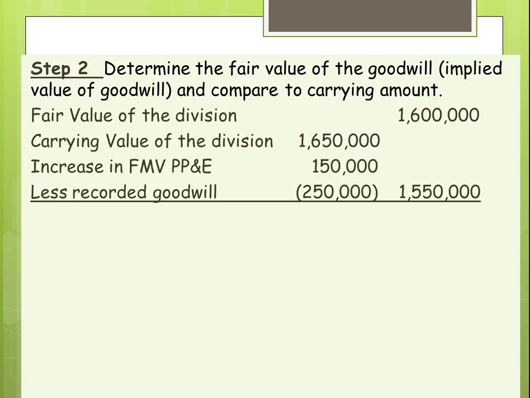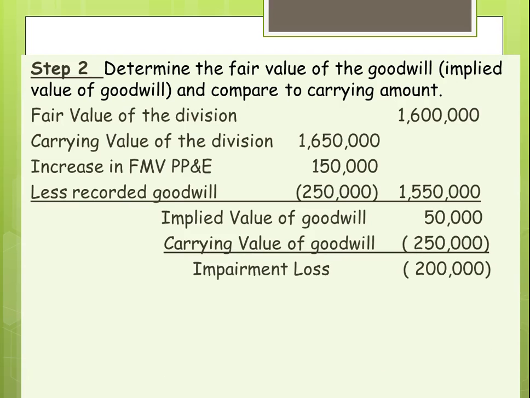We're then going to show the carrying value of the division. We're going to add in the increase in fair market value for the PP&E, and we're going to subtract out the original goodwill, and we get $1,550,000, which means our implied goodwill is $50,000, and we compare to the carrying amount, which means we have an impairment loss of $200,000.